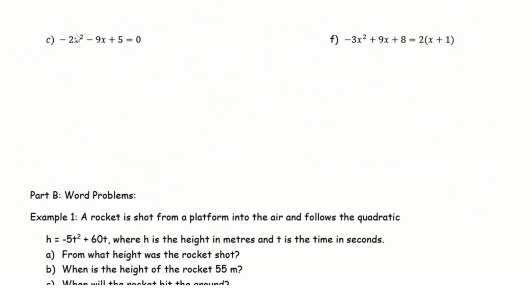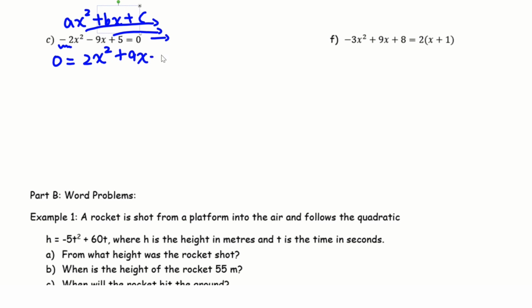So this one, the A value at the front of x squared is negative. We want to change it to positive. So if we move all the numbers to the other side, we have 0 equals 2x squared plus 9x minus 5.